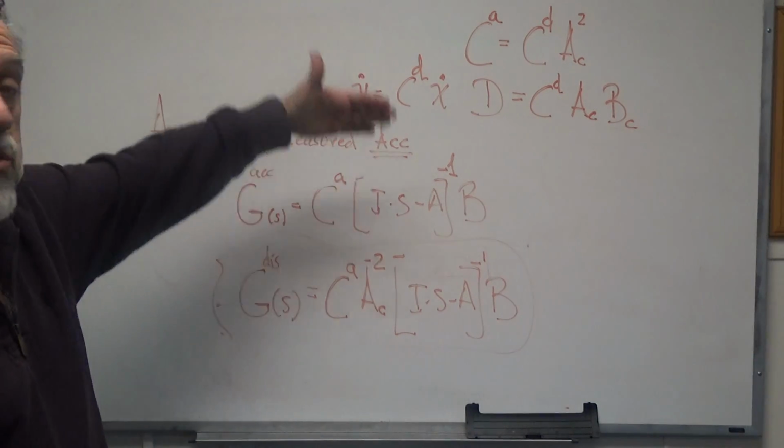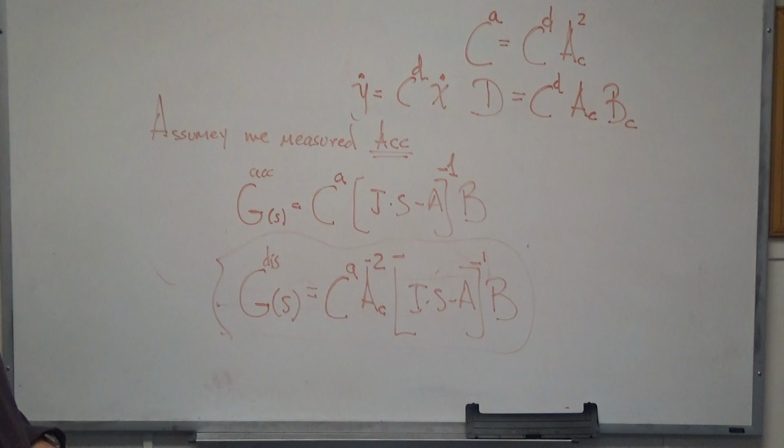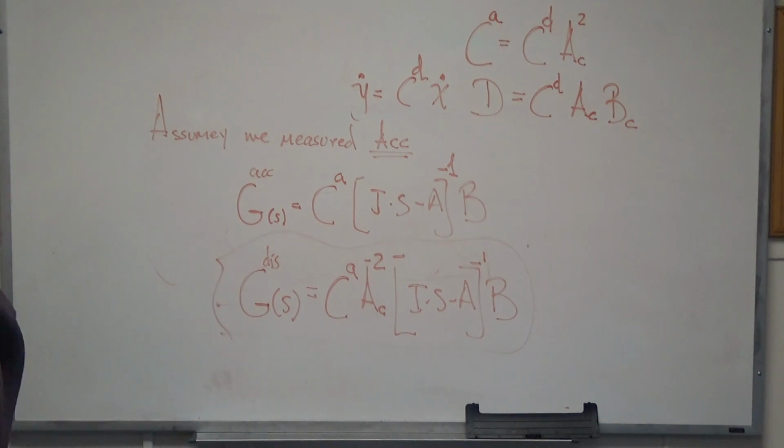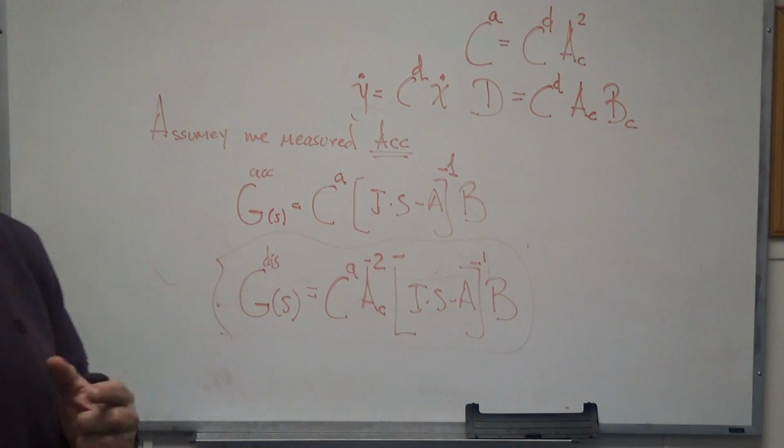So you've seen the relationships that I developed. These relationships are developed in a paper that I wrote quite a few years ago, and it's only a small part of the paper. The paper is really not about those relationships, but they are used in the paper.